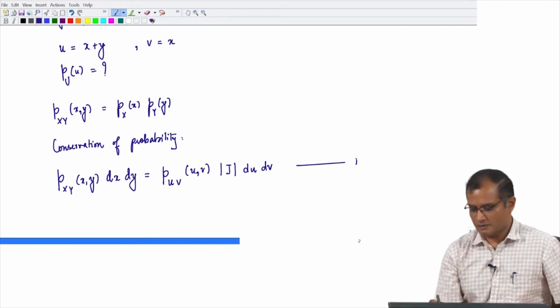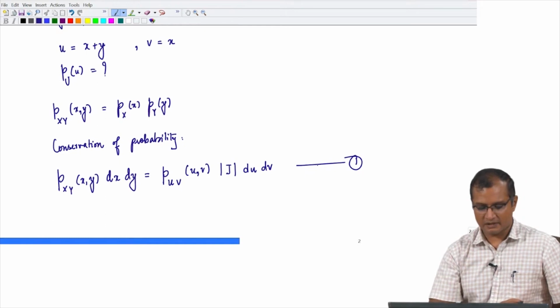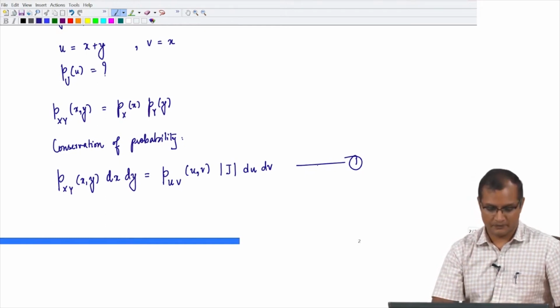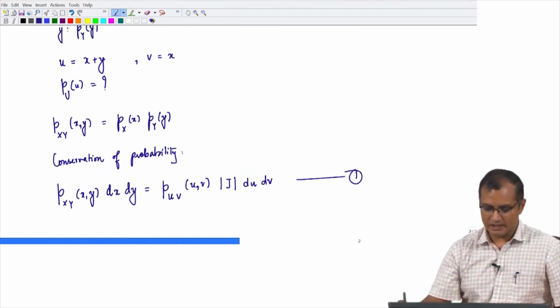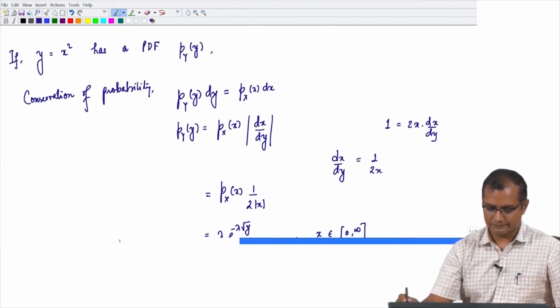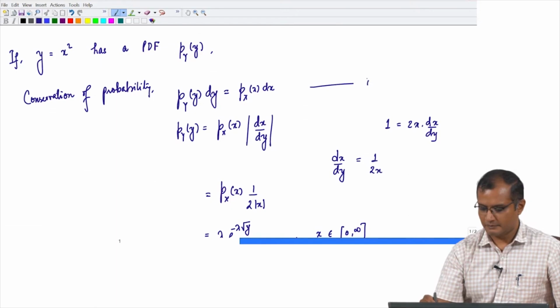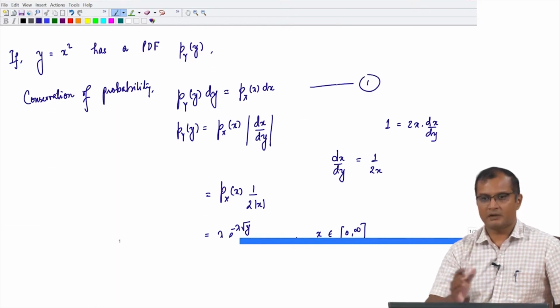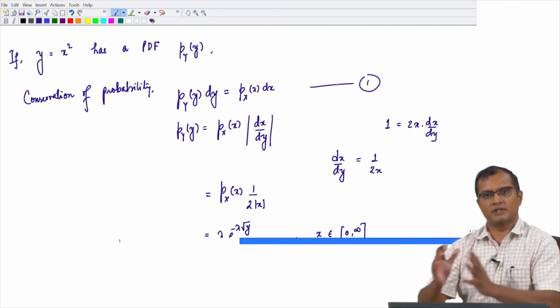So, this is a straightforward generalization of our 1D case. If you look at the 1D case which is written here, I had gone from x to y, now I am going from x, y to u, v.